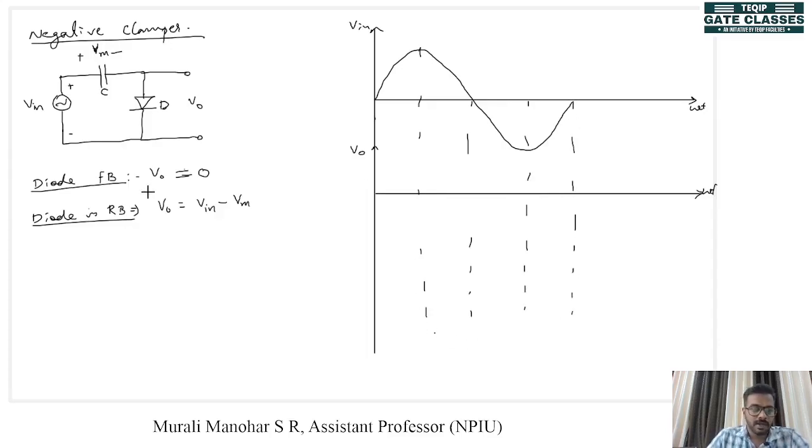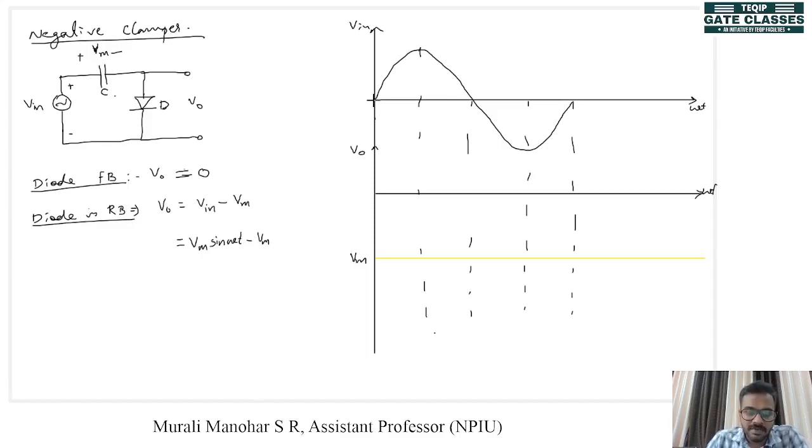So in the negative clamper, the capacitor is now clamped to a negative voltage, and that negative voltage is equal to Vm. Okay, so let me show Vm here. This is Vm. So we know that Vout is equal to Vin minus Vm, which is Vm sin omega t minus Vm.